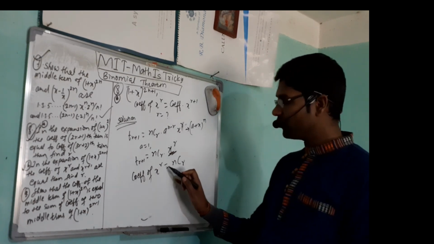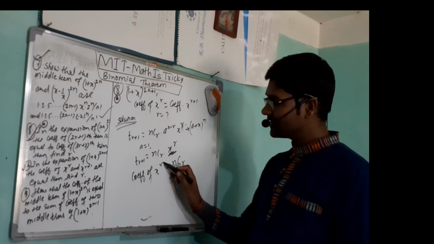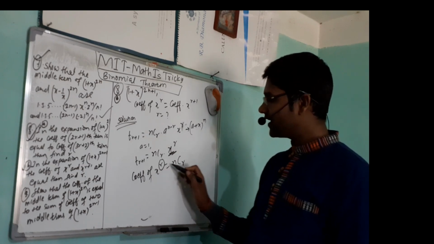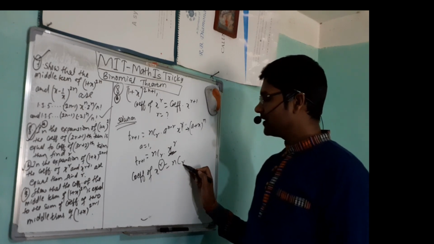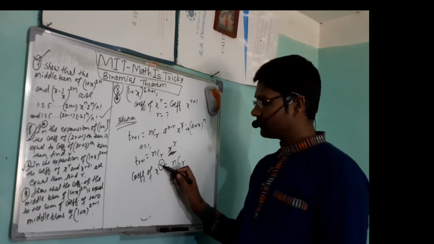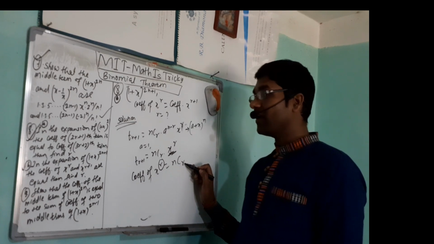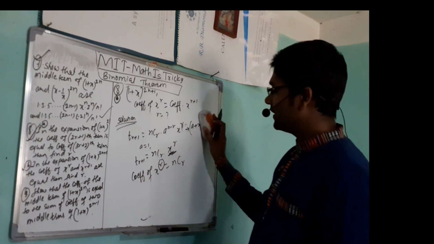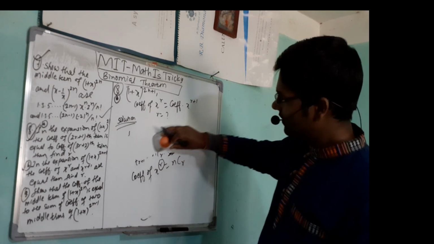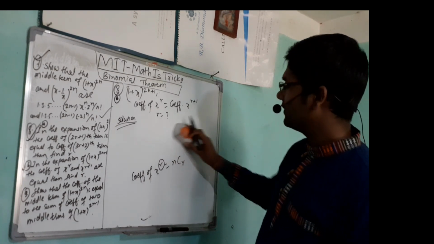The point that should be noted is that if the power of x is r, the value of r is the same. That means the power or exponent of x will be the value of r. This is what we have to remember so that we can solve the problem easily.